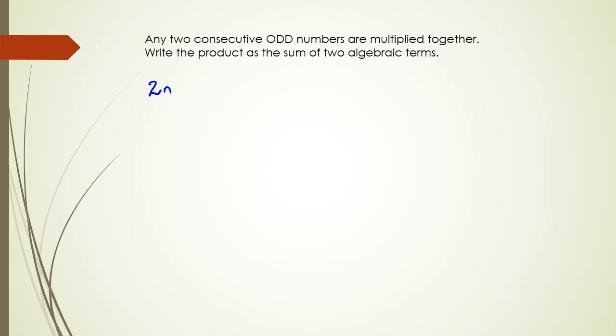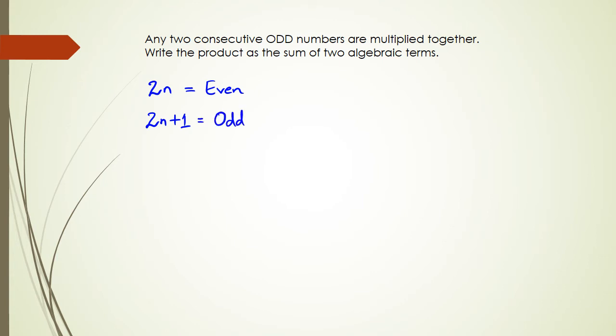This is something useful, guys, so just keep that in mind. An even number can be written as 2n, but an odd number can be written as 2n plus 1.